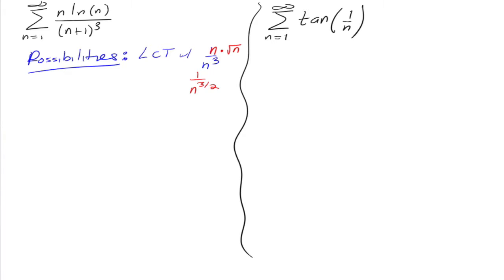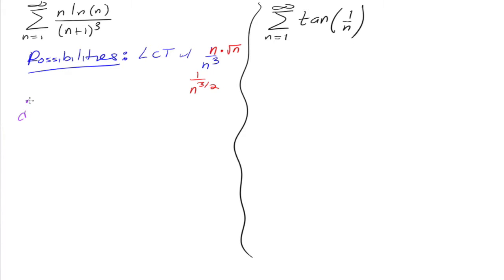So then the issue is, would it be easier to use the comparison test or the limit comparison test? The comparison test is better to use if the inequalities are easy to show, right? So this is the question.